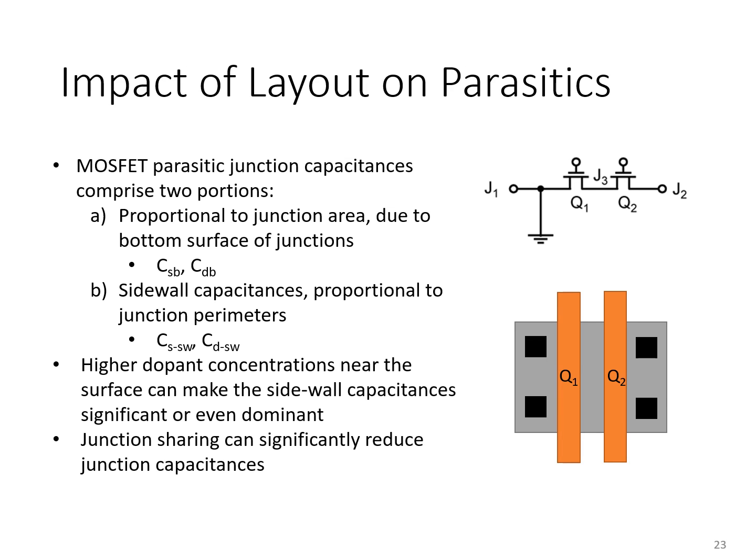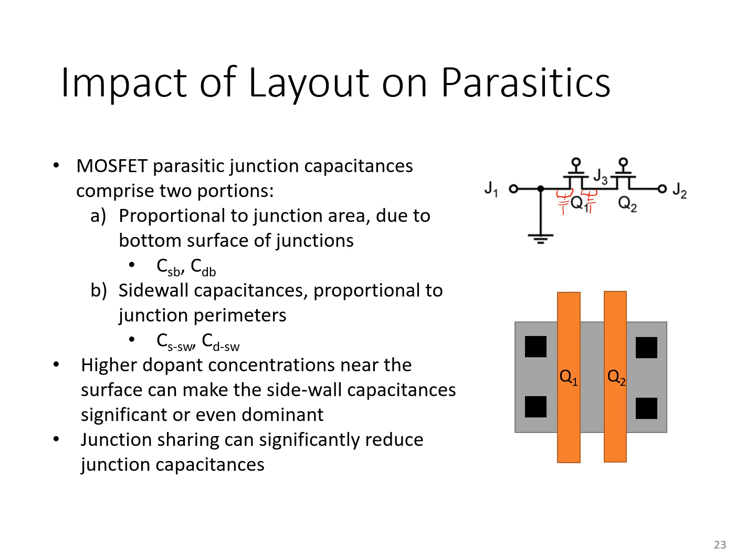So remember, we can think of the parasitic capacitances that arise in a MOSFET as including two parts. There are those parts that are proportional to the area of the source and drain junctions, and these are effectively due to the bottom of the source and drain regions, effectively these capacitances here, right?